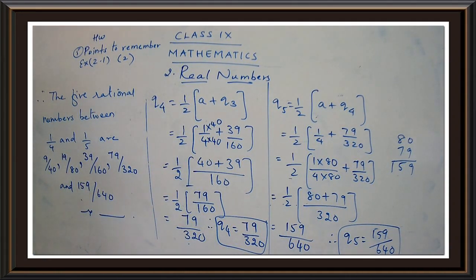The 5 rational numbers between 1 upon 4 and 1 upon 5 are 9 upon 40, 19 upon 80, 39 upon 160, 79 upon 320, and 159 upon 640. So this is the answer for the third question, first subpart.